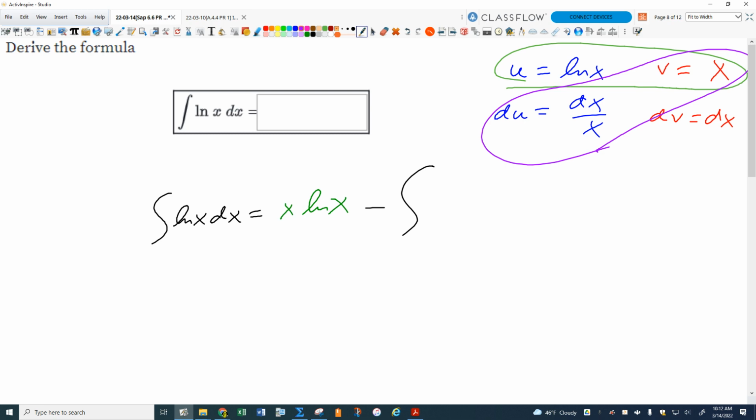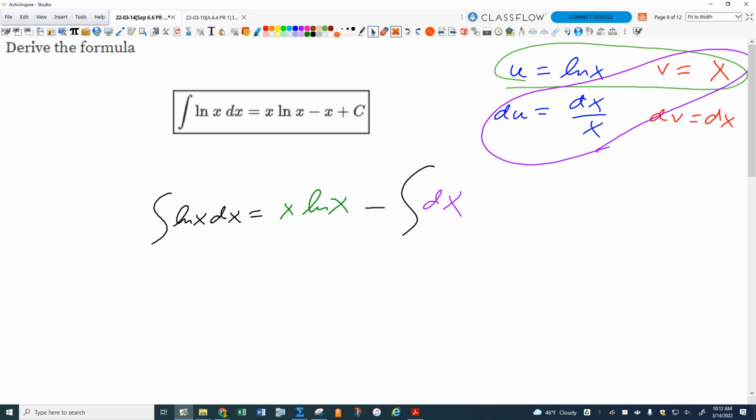Well, the x's cancel, right? I just get the integral of dx. That's just x, right? So here's my answer. Okay, everybody see how that works? Questions?